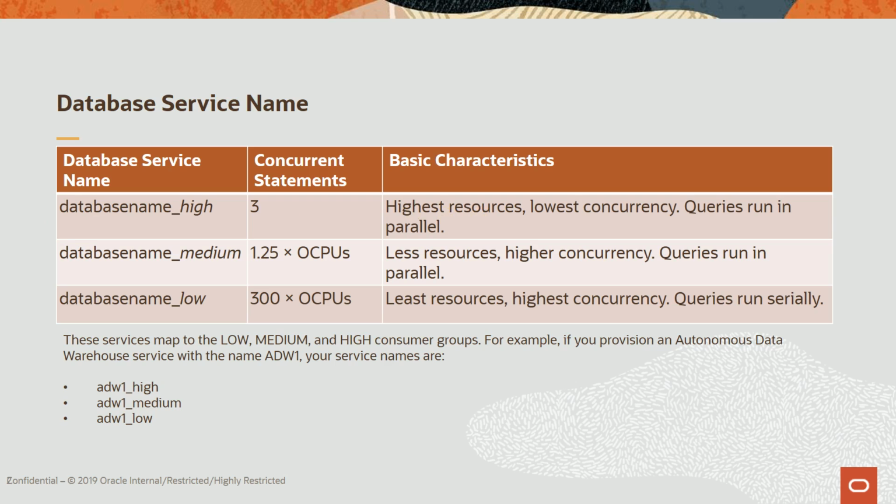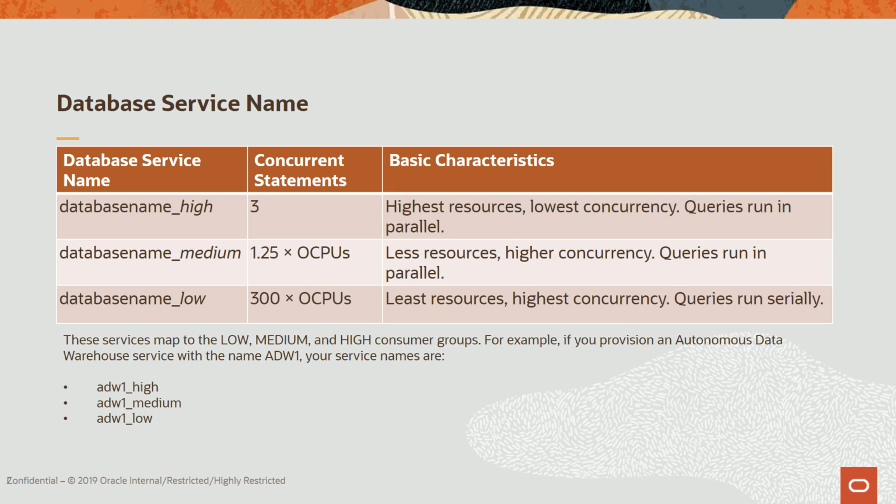So in the high service, the high database service provides the highest level of resources to each SQL statement, resulting in the highest performance, but supports the fewest number of concurrent SQL statements. Any SQL statement in this service can use all the CPU and I/O resources in your database.